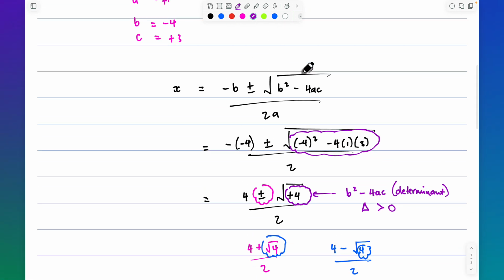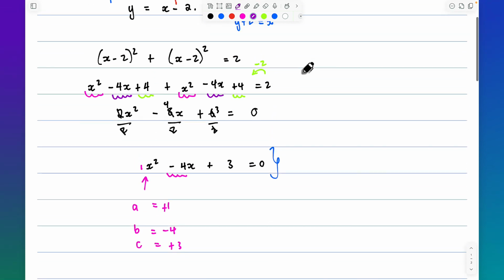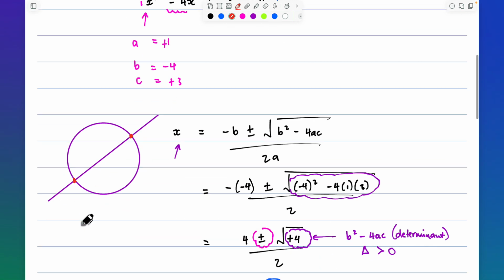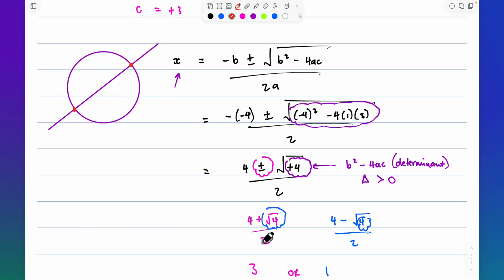Don't forget, the whole reason why we're doing this is we're saying, okay, there's an x value that applies to both your circle and your line. What is the x value? That is that x value where they meet. It's this x value and it's that x value. We're looking for points of intersection. So if we have two answers, it tells us that they intersect at two different points.